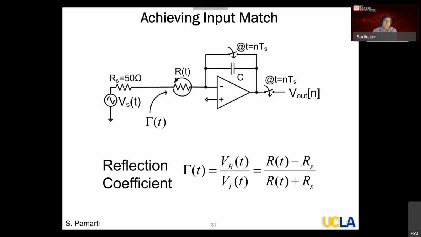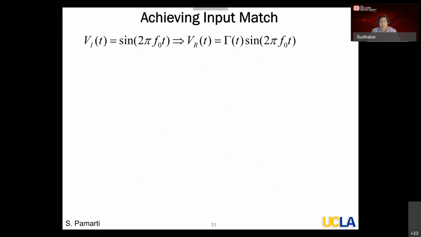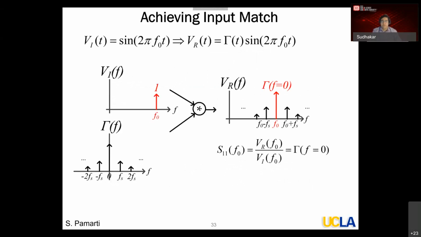What does it even mean to have a periodically time-varying reflection coefficient? Now consider I have an input which is a sinusoid at the LO frequency. So the reflected wave would be gamma of t times the sinusoid. Now we know that the reflection coefficient is periodically time-varying. So if I take the Fourier transform, I'm going to get a bunch of spikes at DC, Fs, 2Fs, and so on.